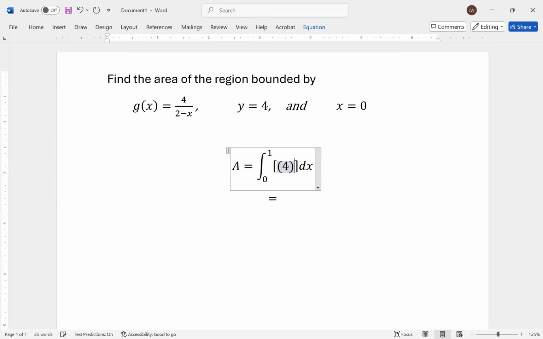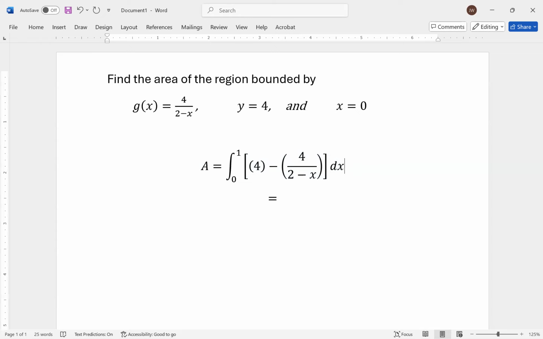So the first expression is y equals 4, so we just write down 4 minus the second expression, 4 over 2 minus x. So we write down 4 over 2 minus x, and then we can integrate.